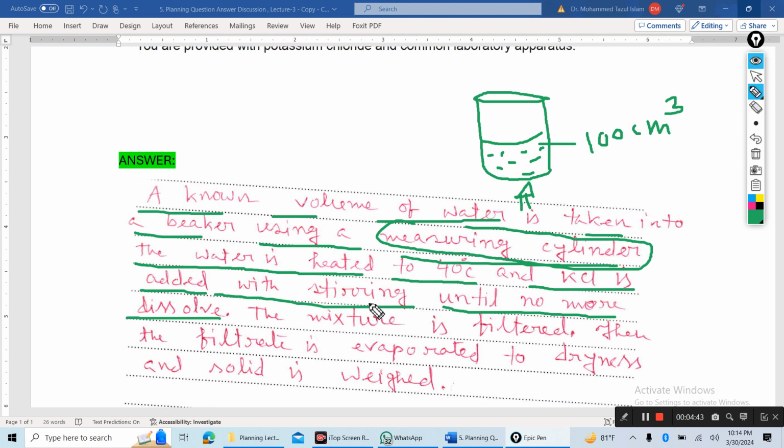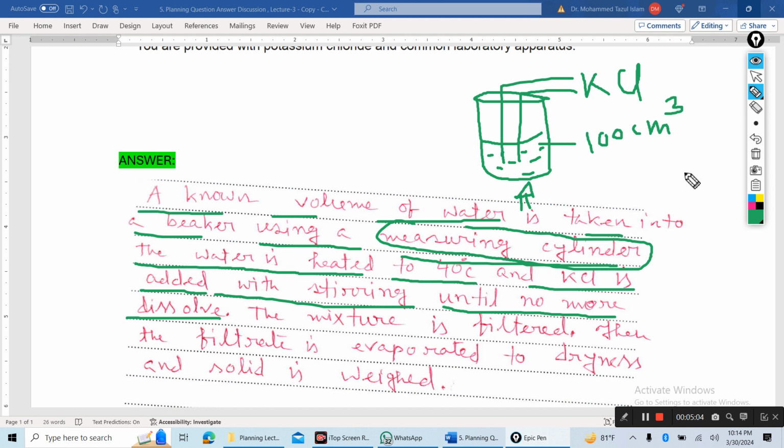That means at first you will add some potassium chloride, then stir, and it will dissolve. Again you add a small amount of potassium chloride and stir, and you will see that it dissolves.